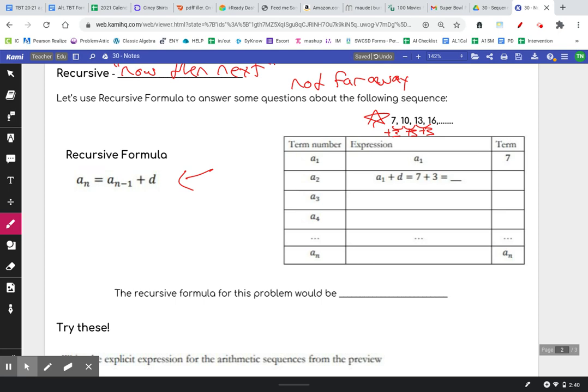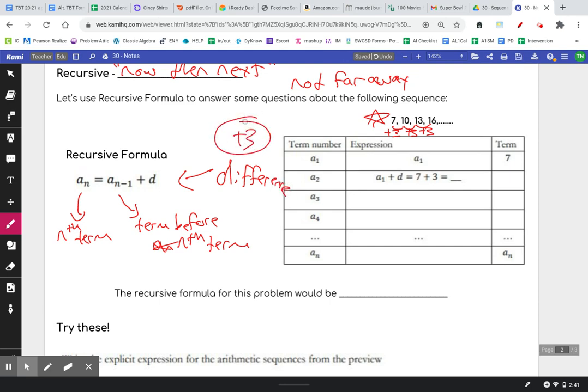I want to explain what these things are. a sub n just stands for the nth term. a sub n minus 1 is just the term before the nth term. And then d stands for the difference, which we just found out, right over here. The difference is plus 3 in this pattern.